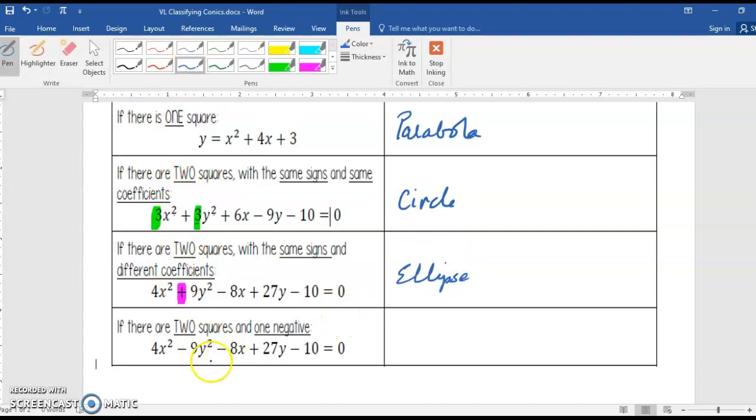Okay, the last one, of course, you would have squares, you would have different numbers as coefficients, and sometimes the same also, because the hyperbola will still work, but there is a minus here, so the one term is being subtracted, so that is going to be a hyperbola.